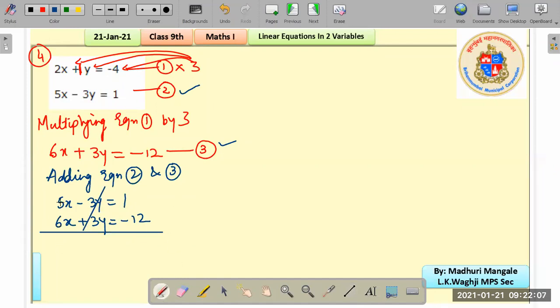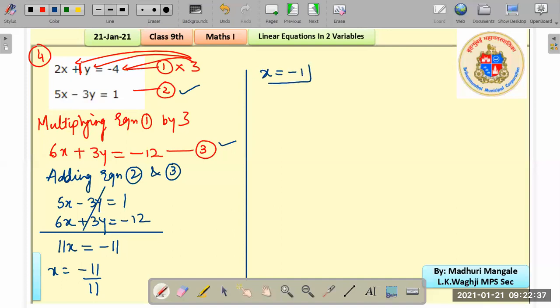This is 6 plus 5 is 11x equals 1 minus 12, that will be minus 11. And what will be the next step? This 11 shifts to the other side, so x will be minus 11 divided by 11. That gives us x equals, yes students, I think you have already got it, x equals minus 1.